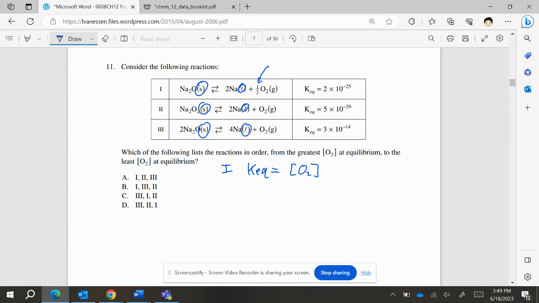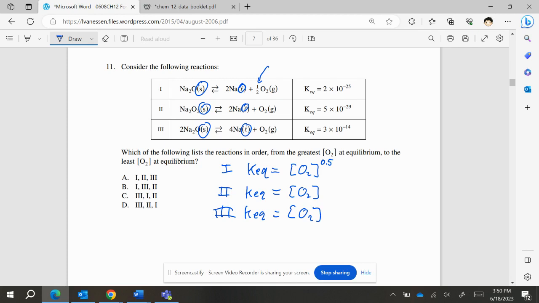So you can write a half or you can write 0.5, something like that. Now, for KEQ for the second reaction, it's just the concentration of O2. And for KEQ for the third reaction, it's just the concentration of O2 again. They have no coefficients in front of there.